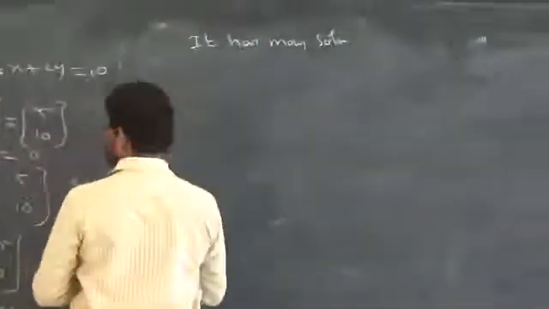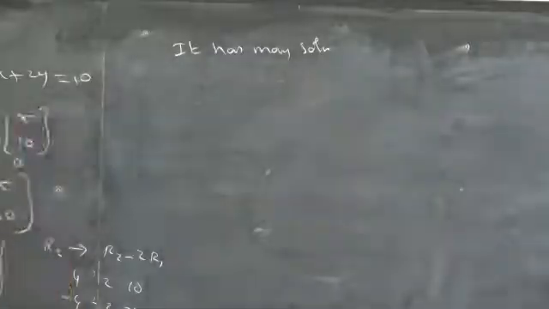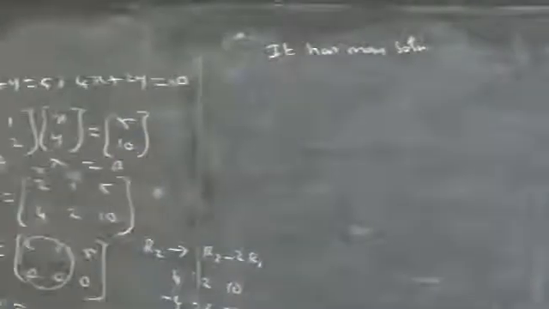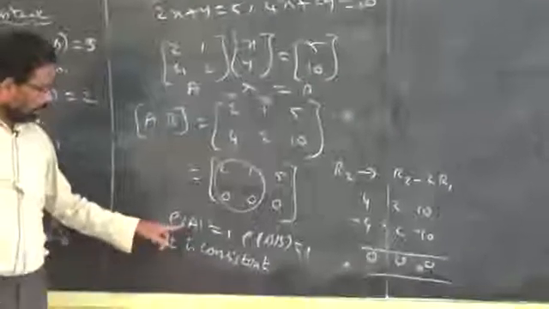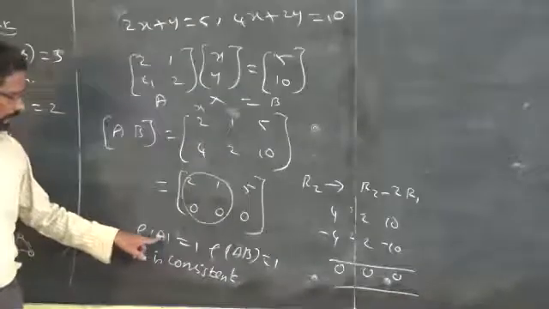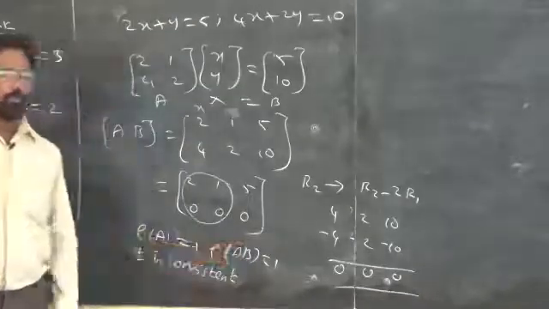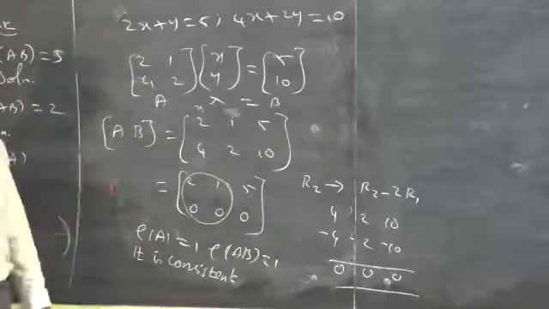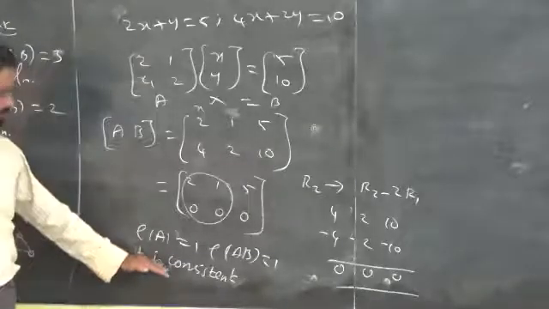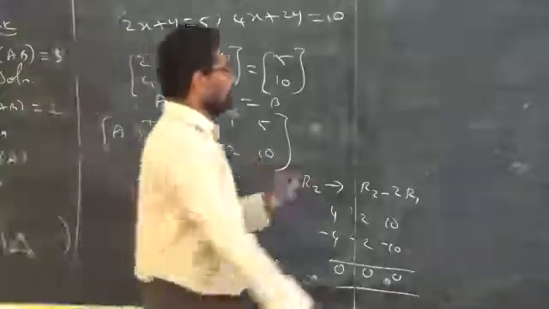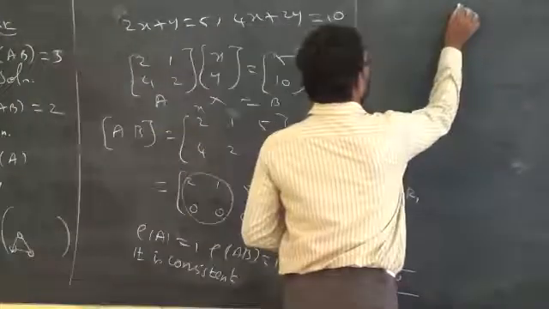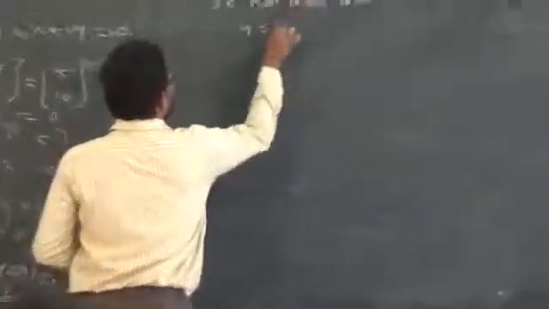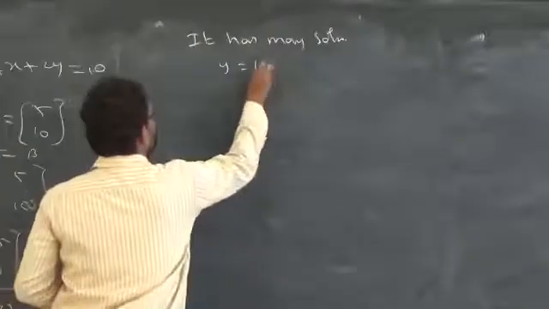In the 3 by 3 and 3 by 4 matrix format, after proving rank A and rank AB as 2 and 2, z is considered as k. Likewise here, we proved it is consistent with rank 1. So you take any one variable as k. I consider y as k. So y is equal to k.